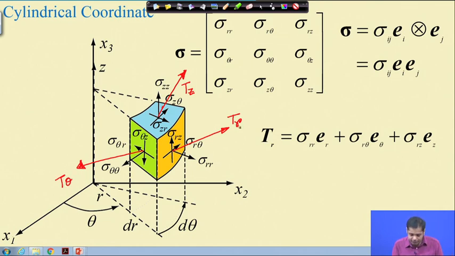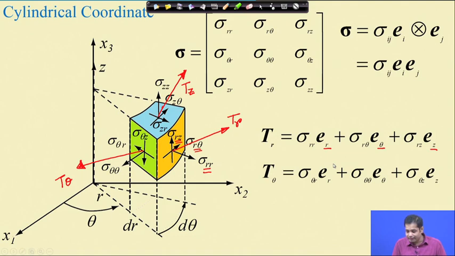What are the stresses on the plane for T r? We have sigma r r, sigma r theta, and sigma r z, with E r, E theta, E z as the basis vectors of the r theta z coordinate system. Then T r can be represented like this. Similarly, T theta and T z can also be represented like this.